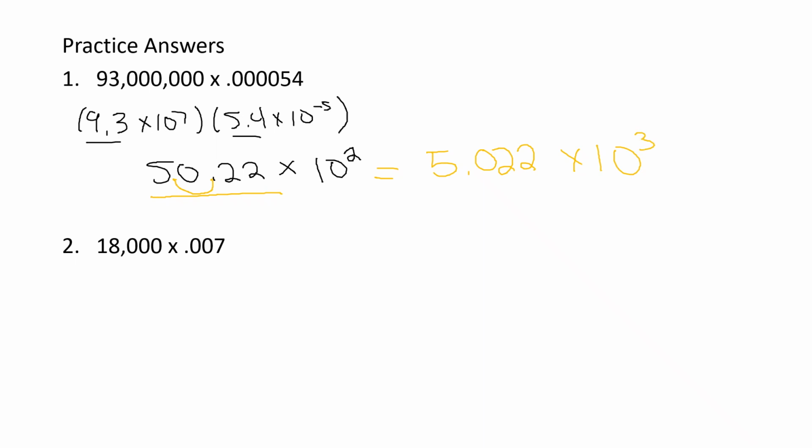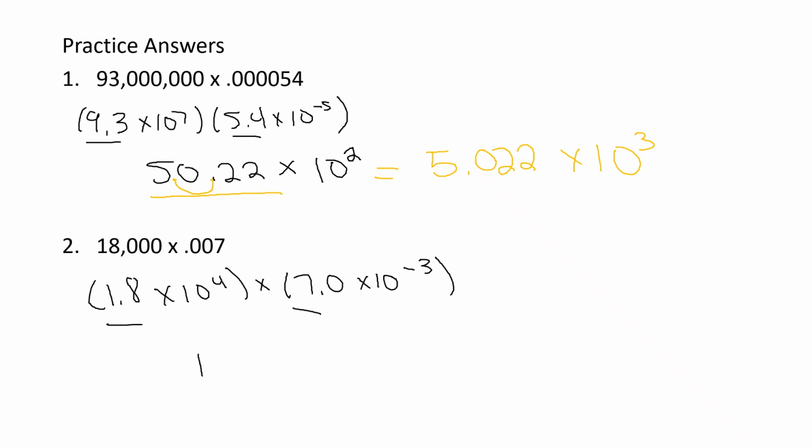All right, let's look at this next one. When I translate this into scientific notation, I should have 1.8 times 10 to the 4th power times 7.0 times 10 to the -3 power. I'm multiplying, so I just multiply whole numbers. 1.8 times 7.0 is 12.6.